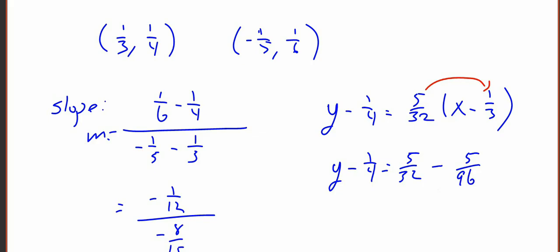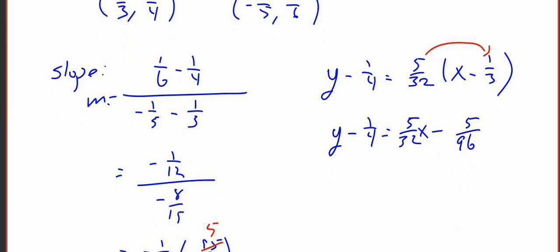At this point, we want integers, right? We don't want fractions. In standard form, everything is supposed to be integers. So I'm going to multiply by the common denominator, and in this case, it's going to be 96, because all the denominators divide it. So I'm going to multiply everything by 96.